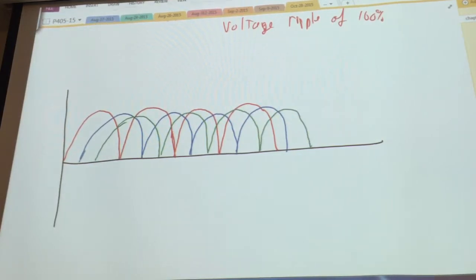And the result is the voltage never falls to 0. When I add the 3 of them together, I get something that has a little bit of ripple. Not a very good drawing, but you kind of get the idea. The voltage never goes to 0.